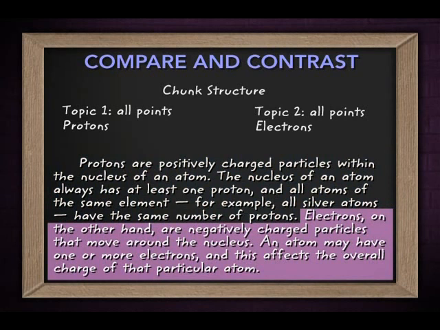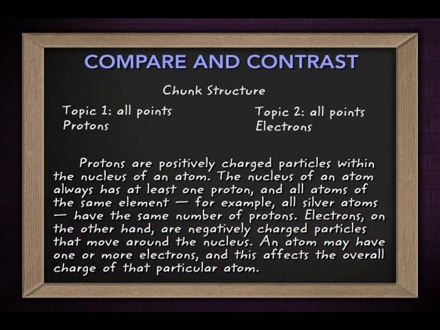Electrons, on the other hand, that's my transition, are negatively charged particles that move around the nucleus. An atom may have 1 or more electrons, and this affects the overall charge of that particular atom. So I've got all protons, all electrons, so I've got the chunk method.